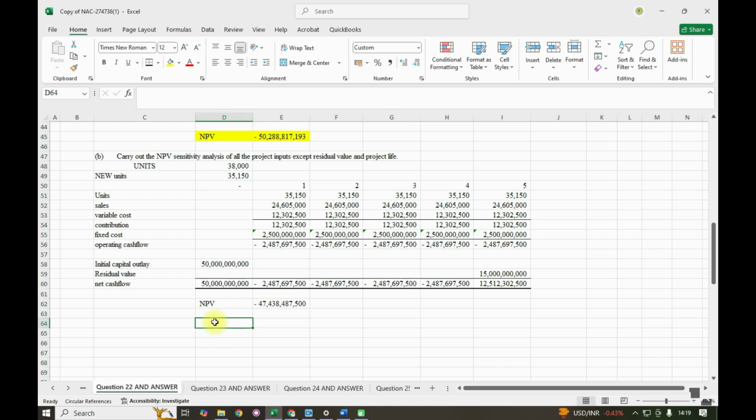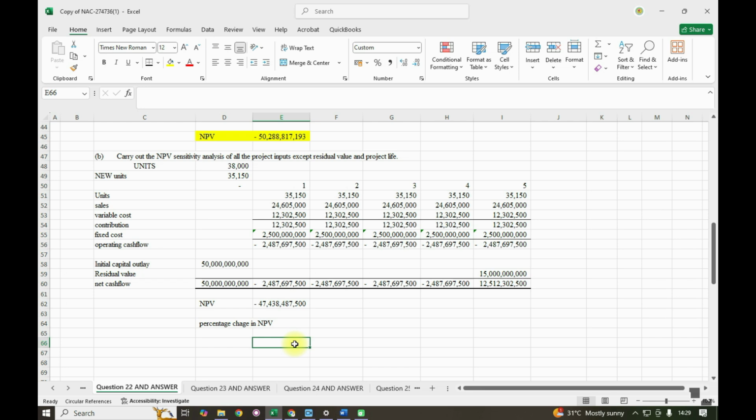So percentage change in NPV, so that you can know how sensitive it is when we change the units.